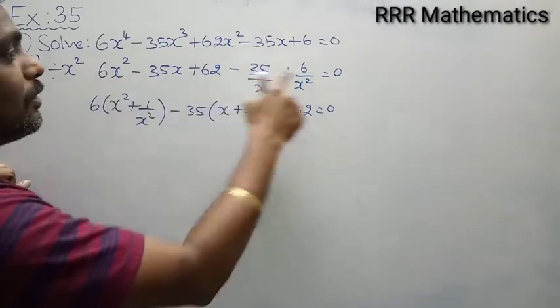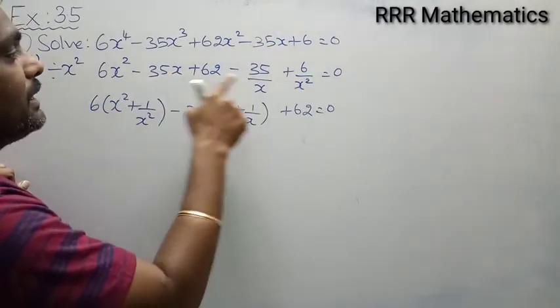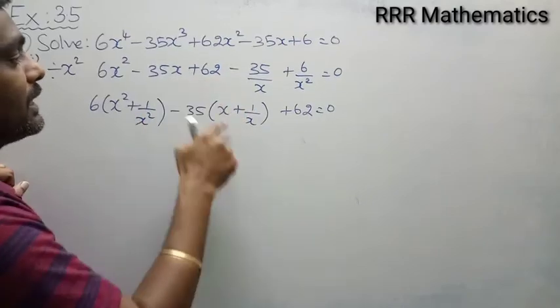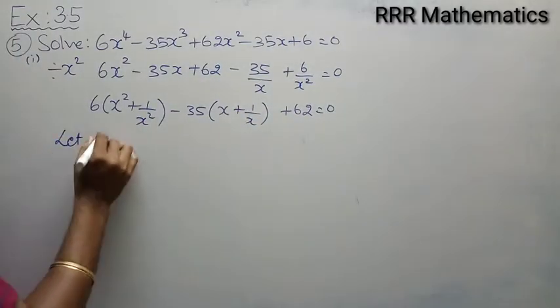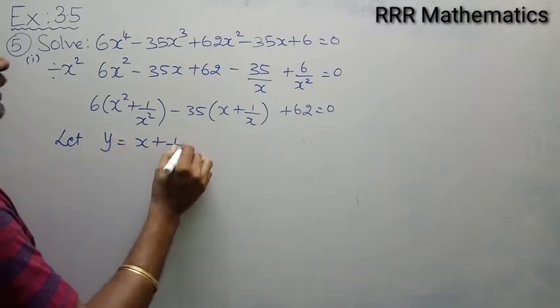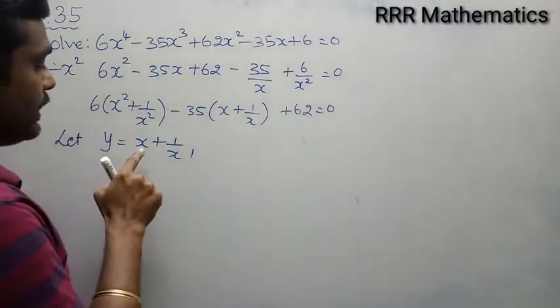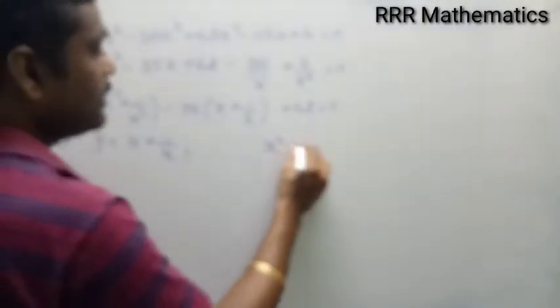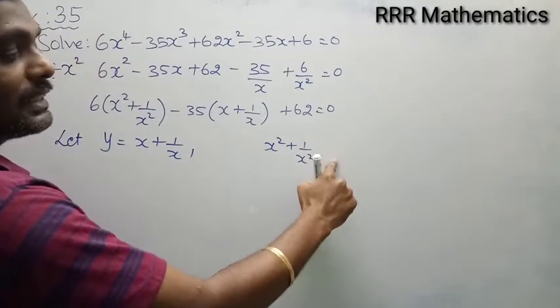So when you divide by x², I can take 6 common between these two. It will be x² + 1/x². And I can take minus 35 as common between these two. It will be (x + 1/x) and 62. I will take y = x + 1/x. When you square, it will be x² + 1/x² + 2ab, that is 2·x·(1/x), x cancels, plus 2.